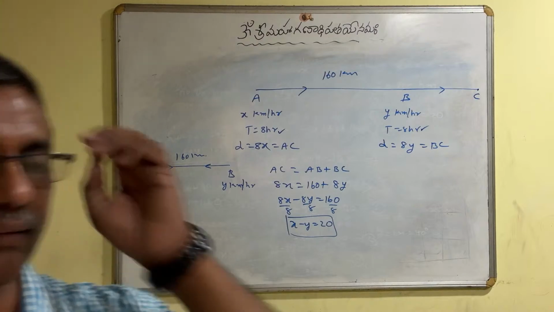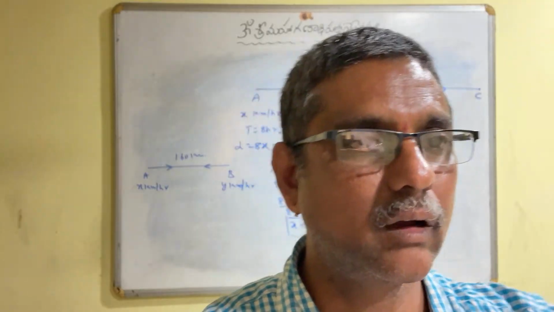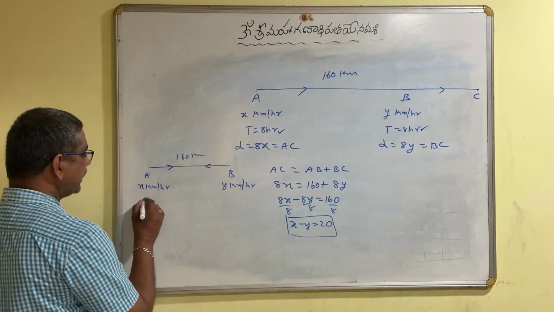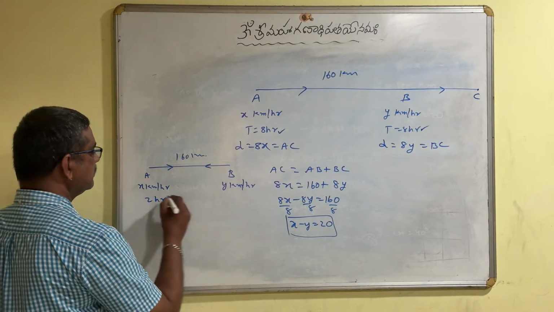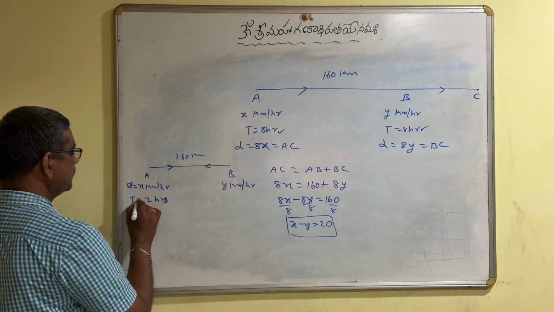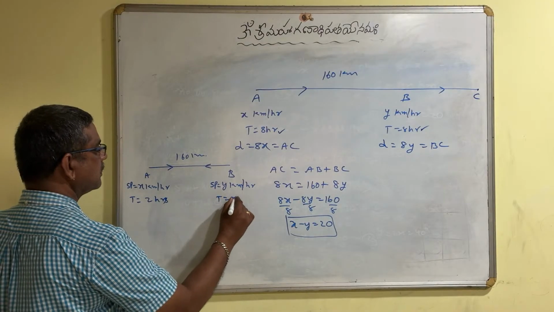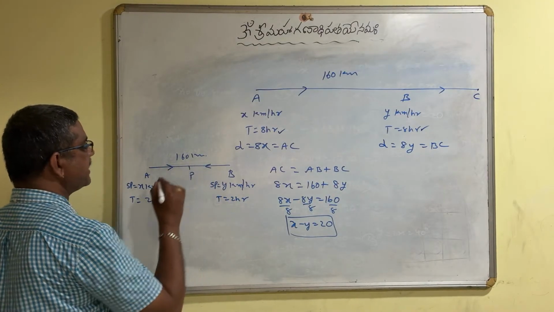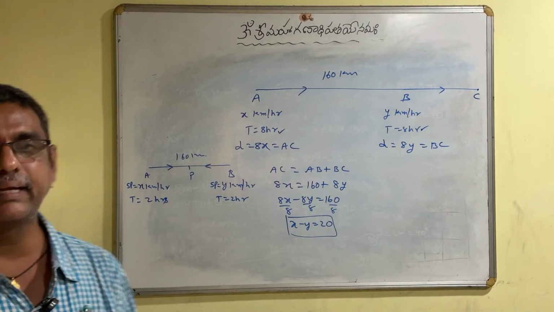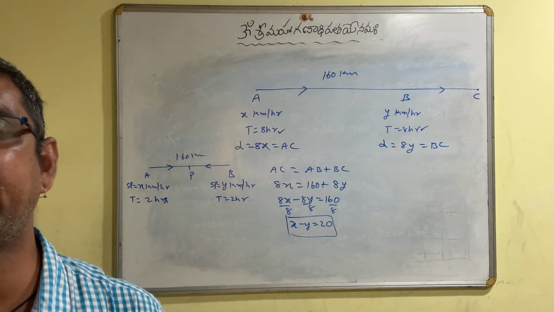Now, after 2 hours, they will meet at P, because P lies in between A and B. Why?